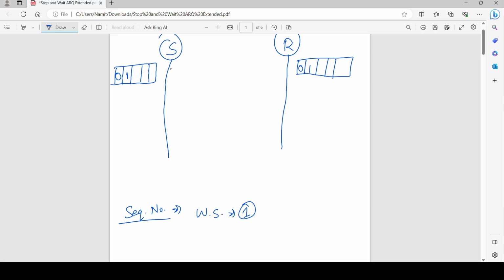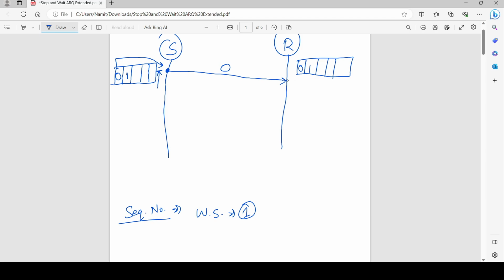Now the sender is going to send, obviously, 0. The moment it has this data, the timeout timer starts. We already know this. So let's assume the sender is able to send the bit 0, or the sequence number 0.